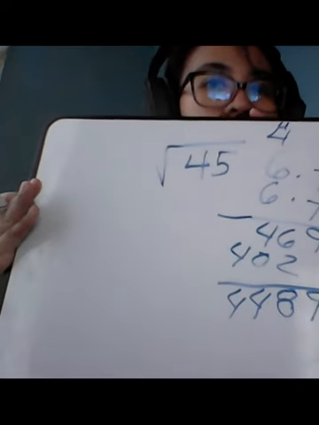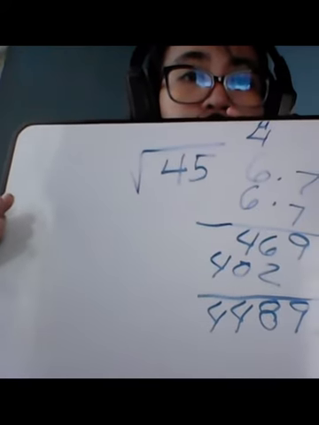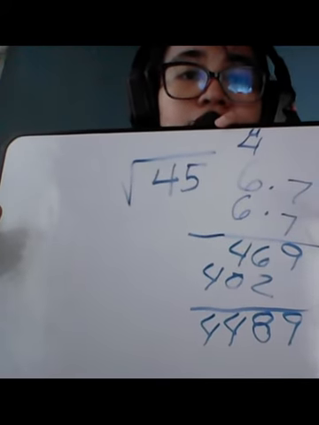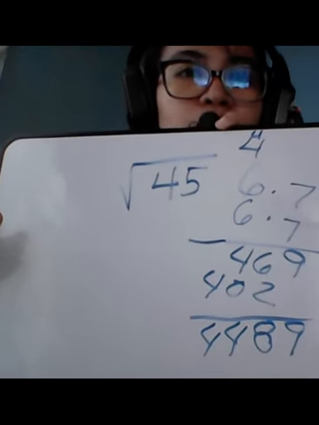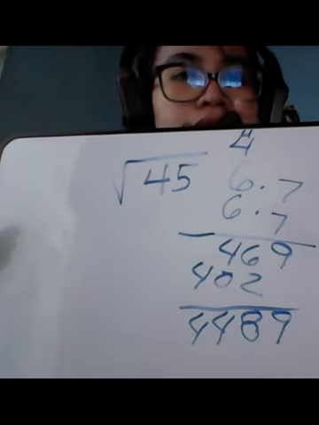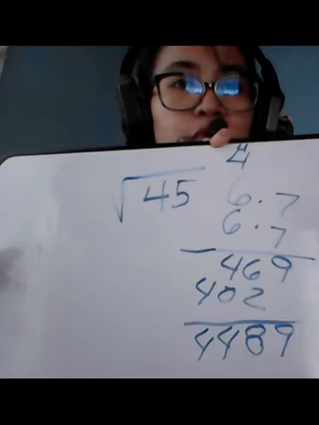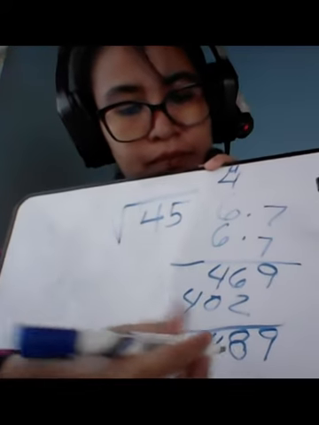So we have 4,489. But again, since it's a decimal, count the decimal places of 6.7 when you multiplied it to itself. So we have 2 decimal places. So you will have 44.89.